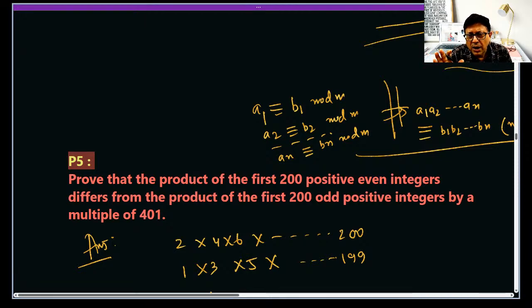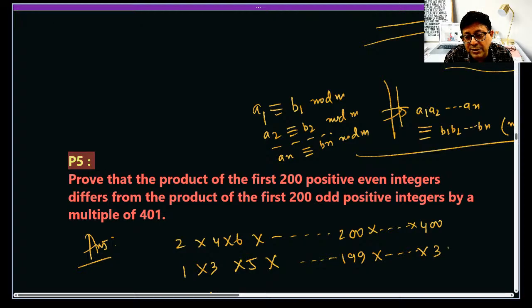There are 100 even integers, and here also 100 odd integers. 100 odd positive integers. No, 200. You are wrong. I mean, I am wrong. This product will be continued up to 200 positive even, so it will be till 400.